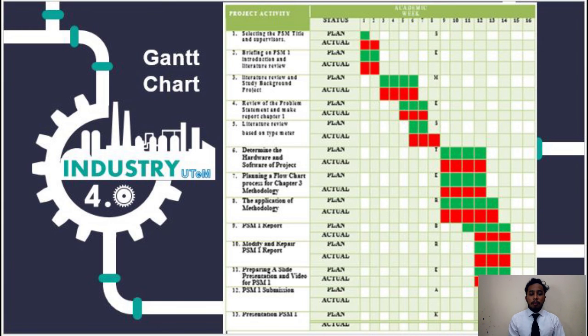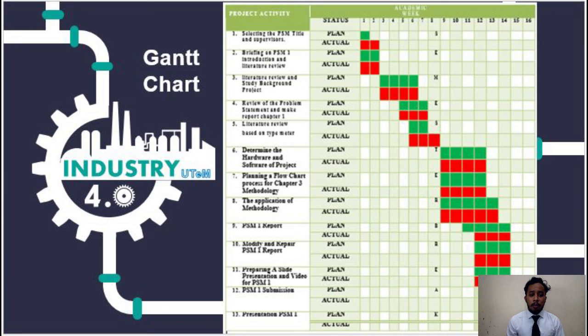Next, this is my Gantt chart, our planning during PSM 1 or Bachelor Degree 1. First, in the first week, I plan to select the PSM title and supervisor. Number 2, I will brief on the PSM 1 introduction and literature review. In week 3, literature review and study of the project background.